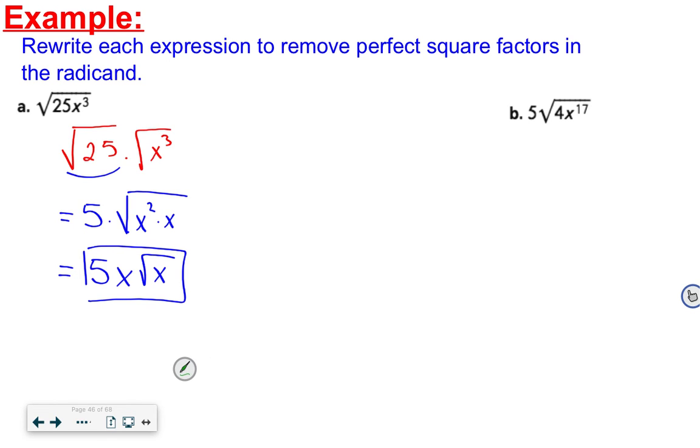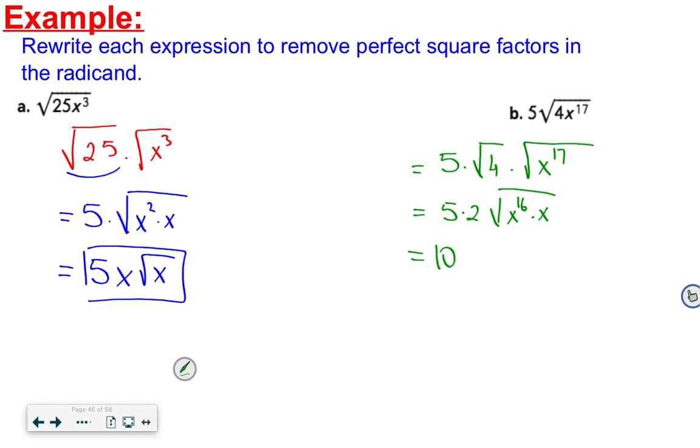Next question. 5 times radical 4 times radical x to the power 17. I know that 4 can be taken out of the root as a 2. 5 times 2, x to the power 17. You need to write this expression with the highest even power. X to the power 16 times x. How can I get the x to the power 16 out of the root? 5 times 2 is 10.